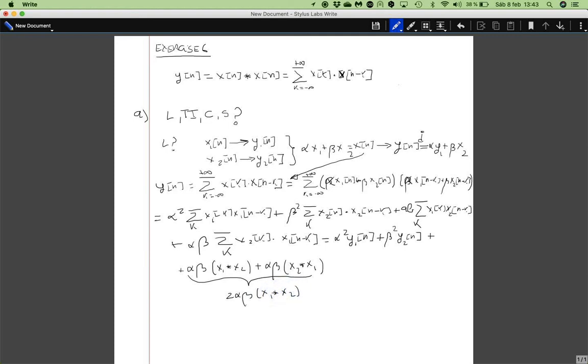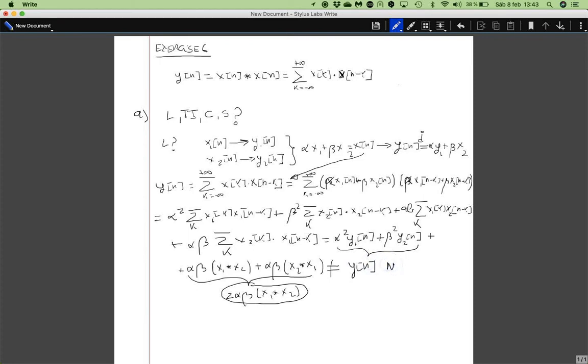So basically, this is different from what would be just the pure linear combination of the outputs, which would be only this. We have an additional term, which is basically that one. So this is not y[n]. As I said before, there is this additional term.